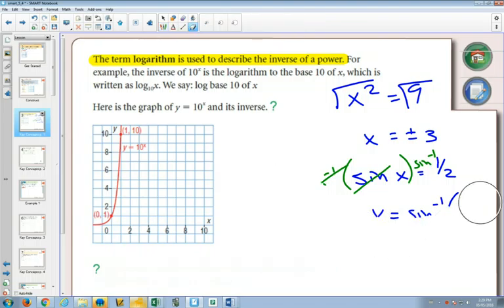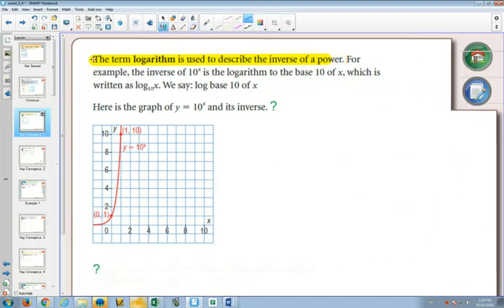Now, one of the areas up till now that you haven't learned the inverse of is when there's a power. So in yesterday's class, we were able to solve questions like this because you could get them to be the same base on both sides. So is 1,000 part of your powers chart for 10?